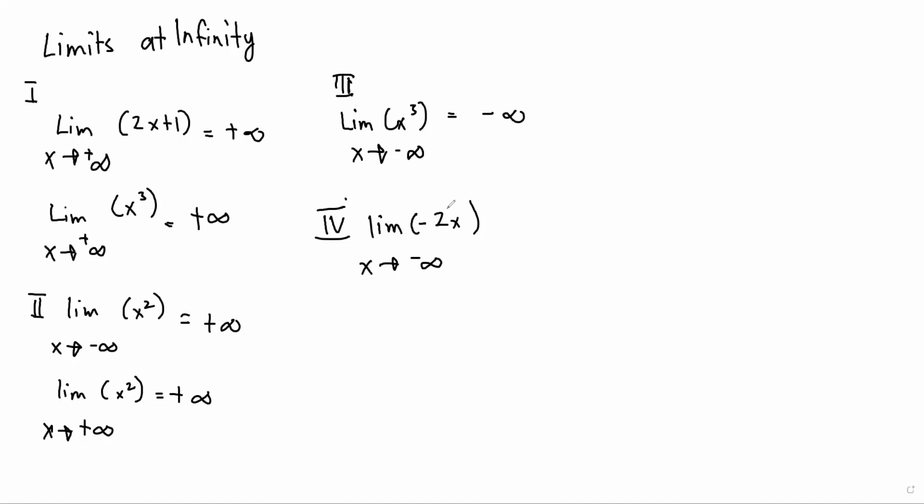Of course, the same idea: negative times negative becomes positive infinity. It's easy, it's just about the signs, sign coordination. So, these are the limits for the basic ones, and these are the properties.